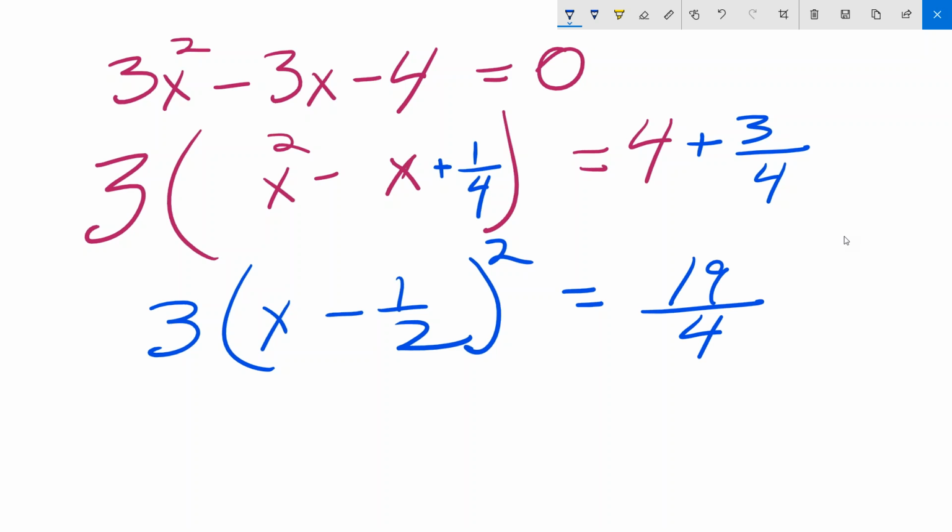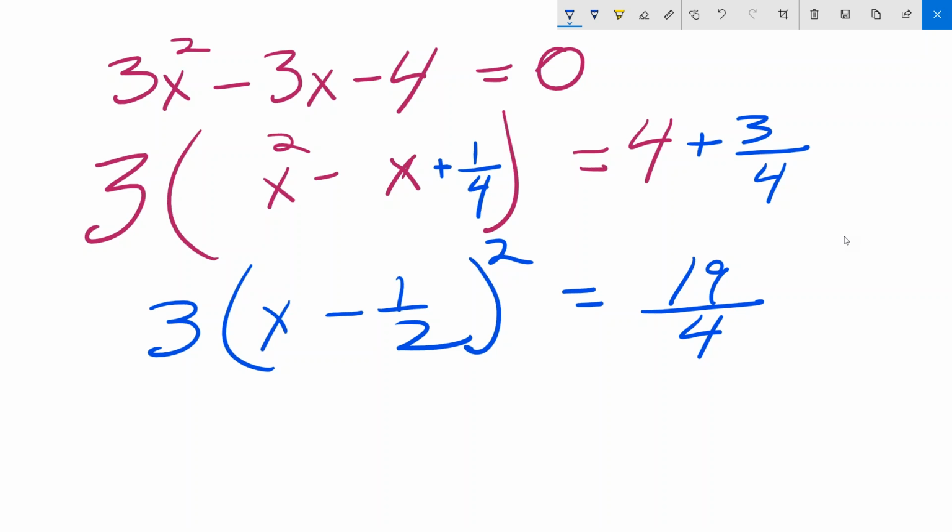Would it be take the square root of both sides? Not yet, because you want to leave that until you've isolated everything. That 3 is not being squared. Oh, so you do 3x minus... No, you divide both sides by 3.